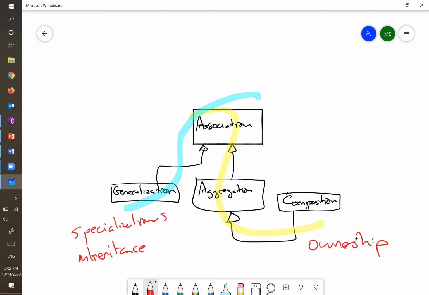That doesn't even make sense. Funny, when you look at these diagrams and say it out loud: composition, part of; aggregation has both ownership. So ownership is something and belonging is something, and being a type of something is a completely different concept altogether.